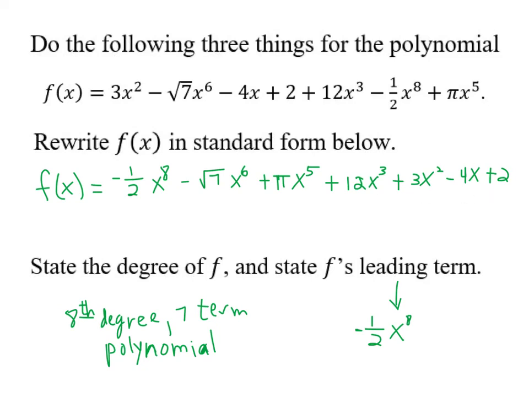Now, if you really wanted to, you could put in those 0s. Because we don't have the x to the 7th term, we could say plus 0x to the 7th, but there really is no need to do that. When you skip over terms like that, that's fine. Okay. This is an 8th degree.